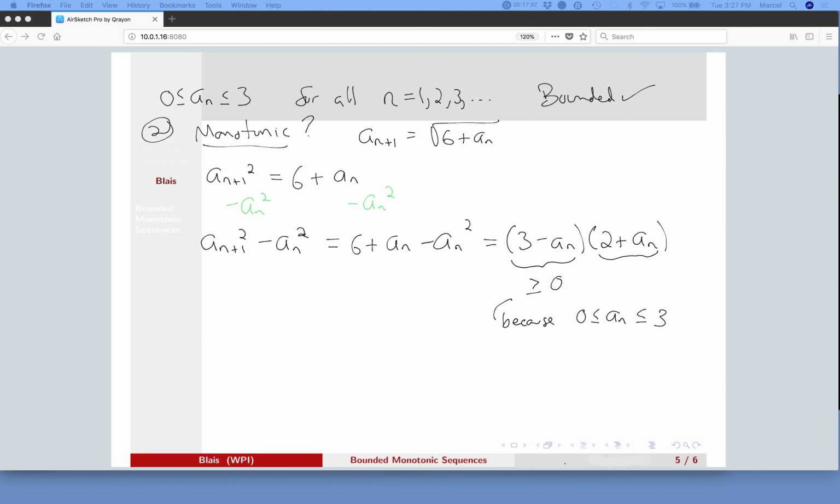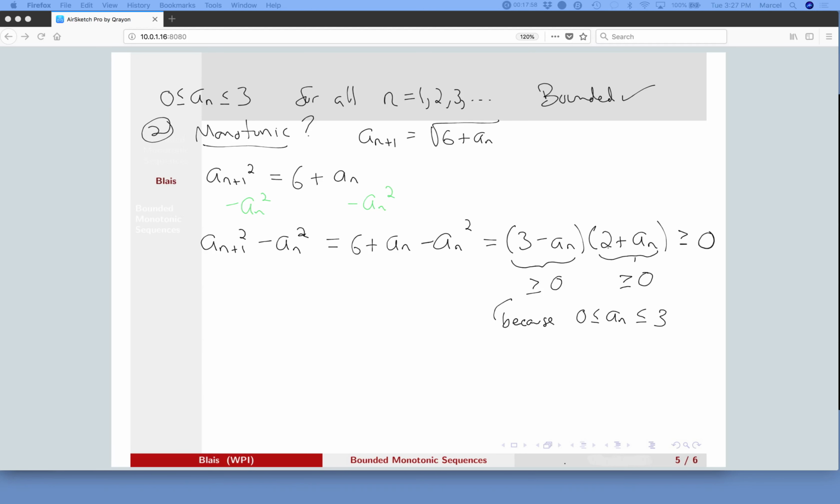Here, this is also bigger than or equal to 0 because a sub n is non-negative. So we're adding to 2 something non-negative. That means that the product here is greater than or equal to 0.